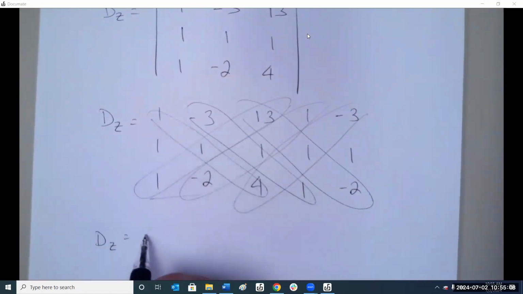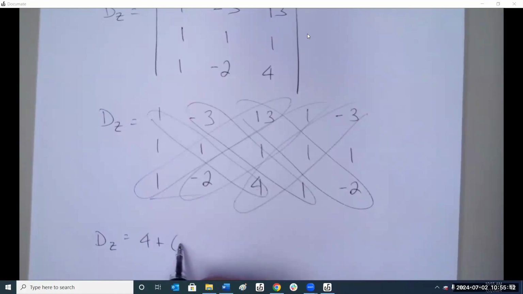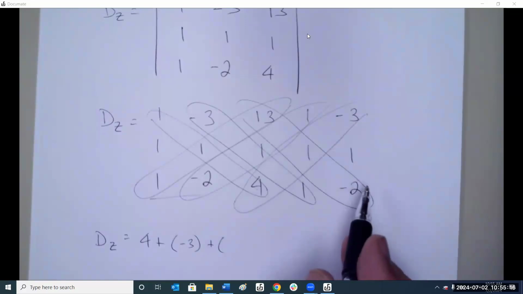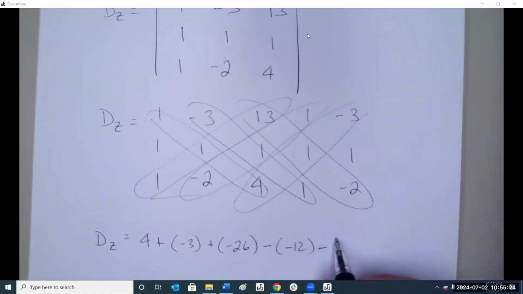So 4 times 1 is 4, plus -3 times 1 is -3, plus negative 13 times -2 is -26, minus a -12, minus a -2, minus 13.